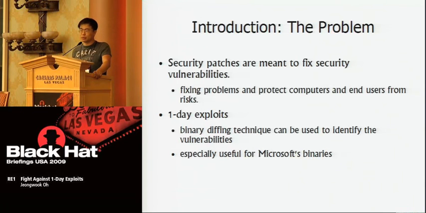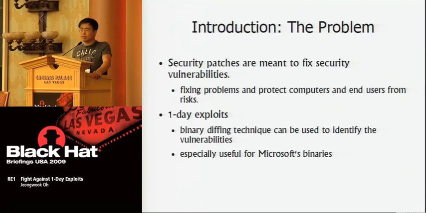Zero-day exploits are used before the patch comes out. A one-day exploit is when, within 1 day after the patch, hackers or reverse engineers can make exploits for that exact problem that the patch is patching.